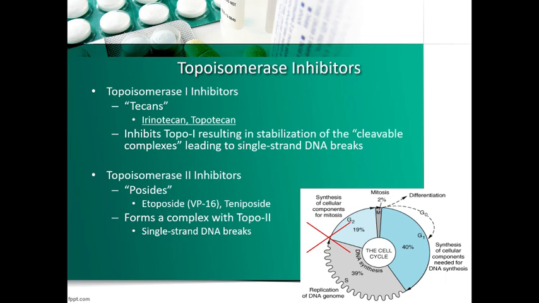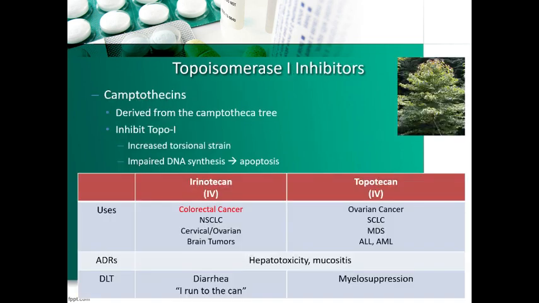Okay, so they are cell cycle specific. Camptothecans were first approved in the U.S. in 1996. Okay, this is actually a drug that has pharmacogenomic implications. Okay, so if you've got 2 copies of the UGT1A1*28 allele, you're at higher risk for complications. Okay, and so that's a topic for another day.